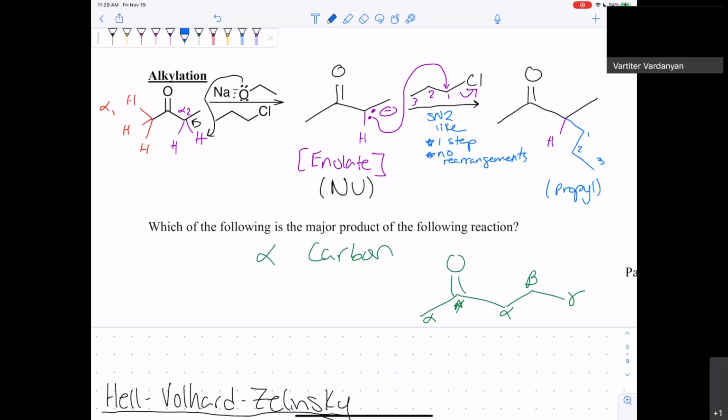It's very weakly donating, but it is donating. So in this case, we're not making the other alpha hydrogen more acidic. So it's going to be much harder to take that proton. If we wanted to make this happen again, we would have to add more catalyst and more energy. So theoretically it could, but in this class, we're just going to do a one and done type deal.